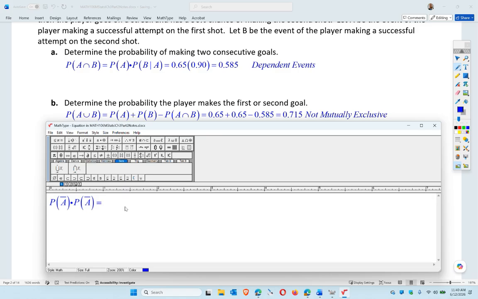Making is 65, so missing is 35, obviously. So there's no streak at all. So that would be 0.125. Those are independent events, because once you miss, it does not have any bearing on the next one.